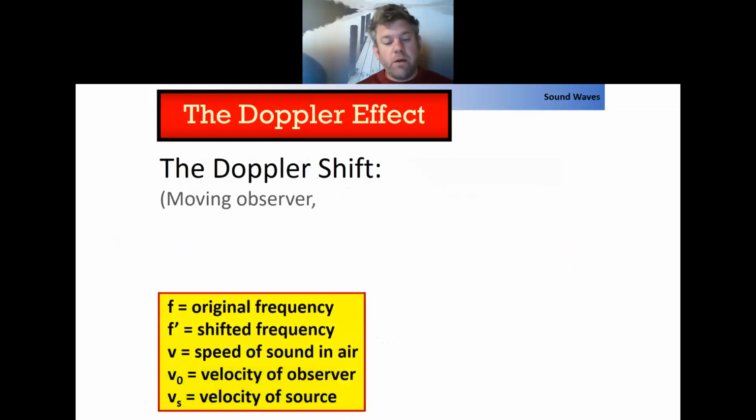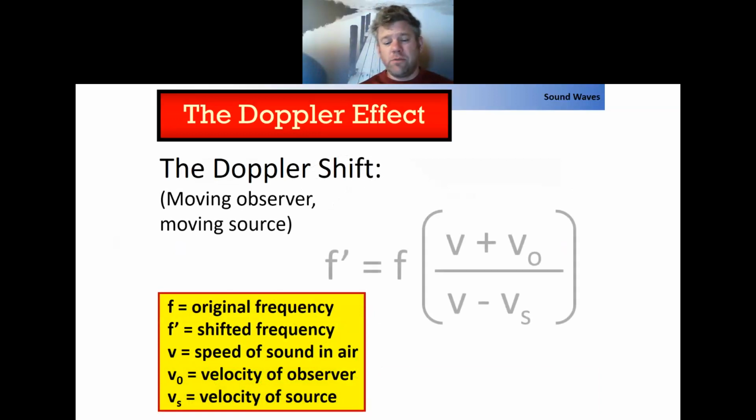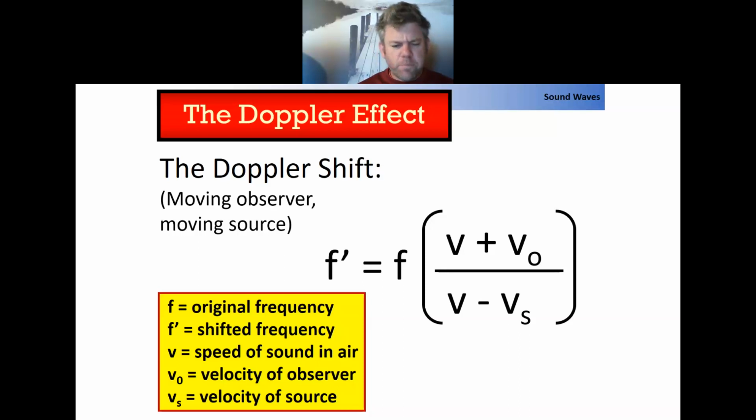Okay. Now, we can actually start to calculate this as well. I know you think this is awesome, right? So, write this one down. F prime on the left side there. That's the shifted frequency. That's what we're hearing if we're the observer. The original frequency, that's the one that the source is releasing or allowing to go out.